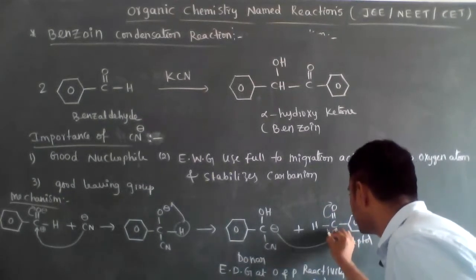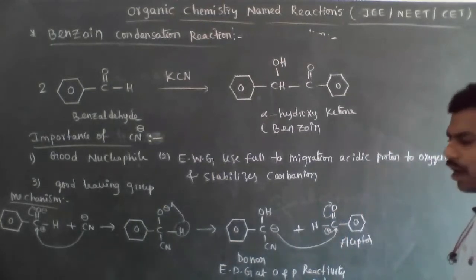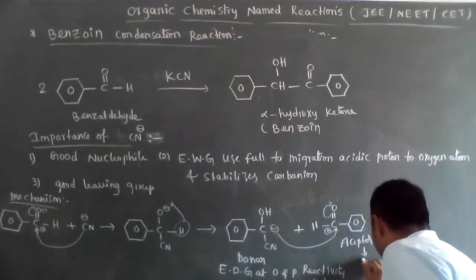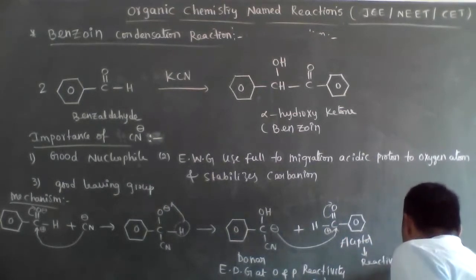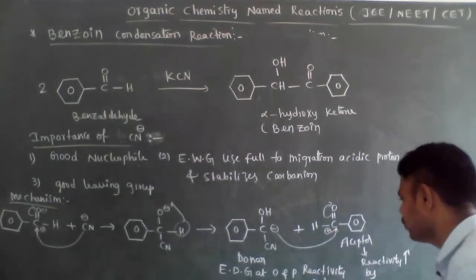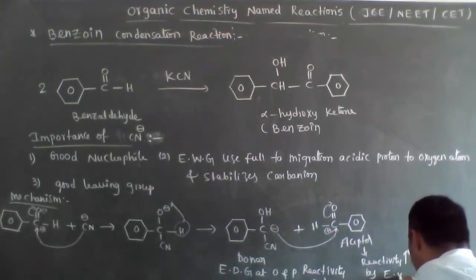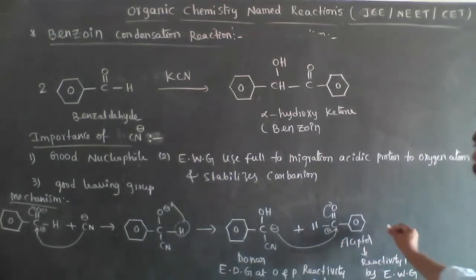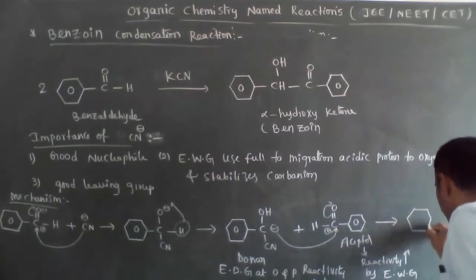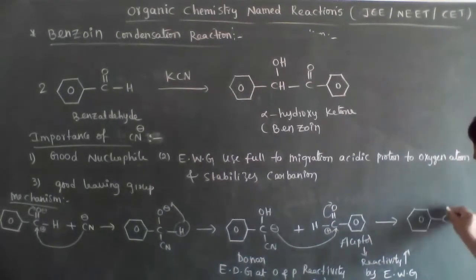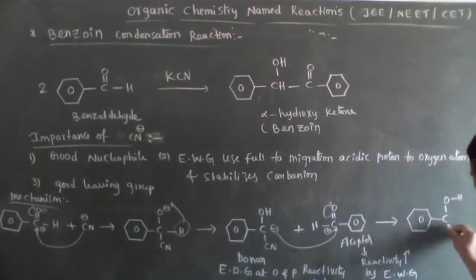Acceptor means here it generates positive charge. For formation of positive charge, its reactivity is increased by the presence of electron withdrawing groups. Then it forms O minus.